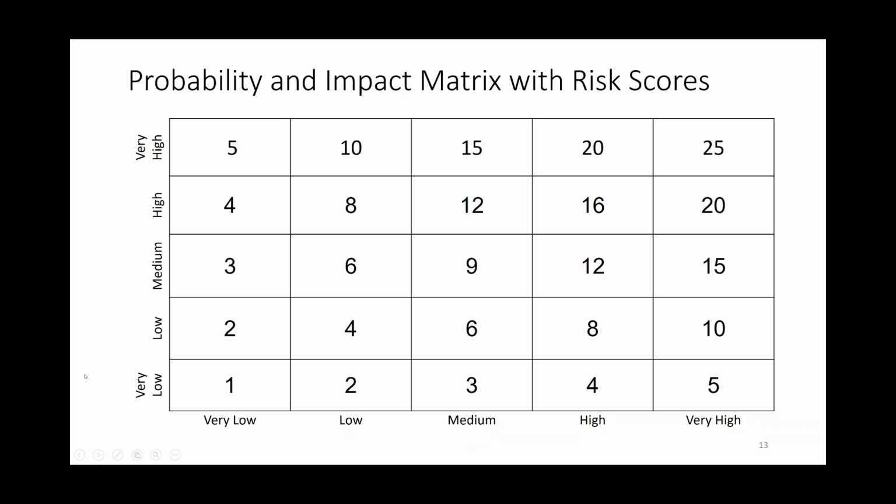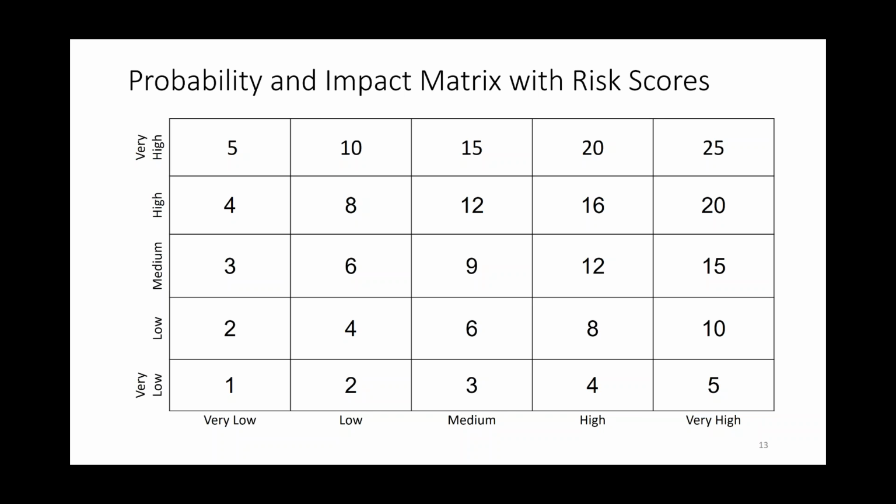All right. So another way of being able to work with risk is to turn our, if you will, qualitative assessment, very low, low, medium, high, and very high, into a quantitative or a measurable scheme. And one of the ways we do that is just say very low equals 1, low is 2, medium is 3, high is 4, very high is 5. And so you can see a very high, very high. The highest score you could get would be 25.